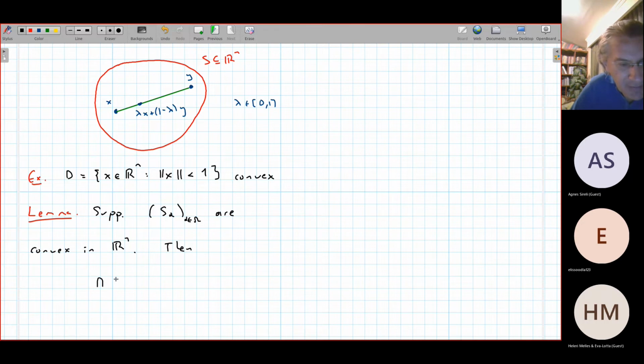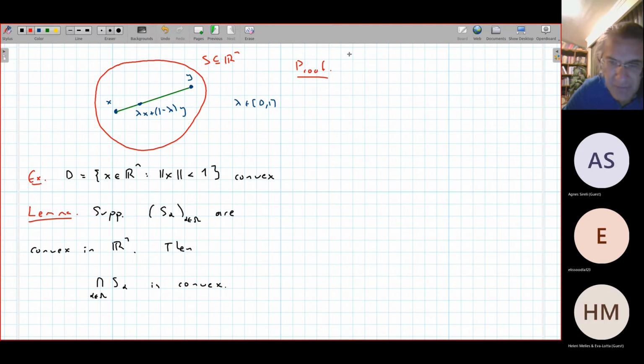Then it turns out that the intersection of all of them is also convex. So intersections of convex sets are convex.